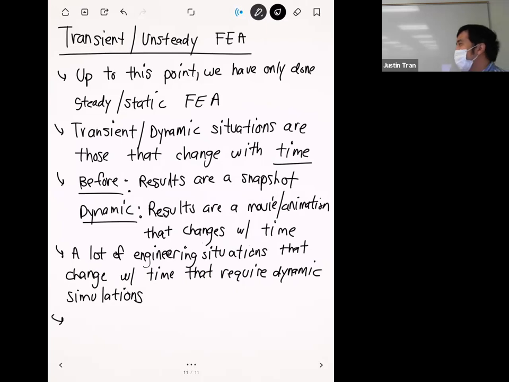It's really important, but unfortunately, just because of the constraints of the class, we're giving this an extremely light treatment. One thought that I'll leave you with before we end today is that the theory and the world of dynamic simulation stretches way beyond what we're going to cover in this class.